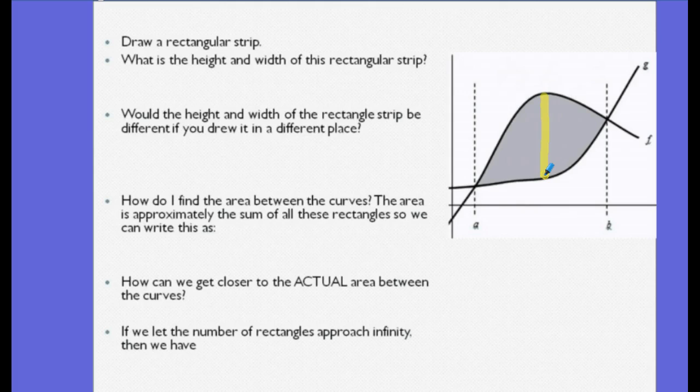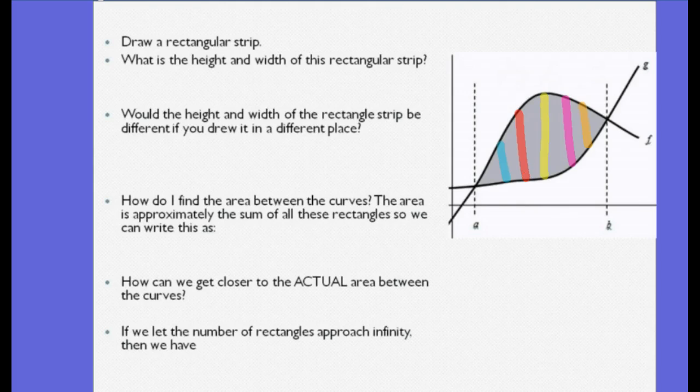So here's an example of one rectangle. You could have your rectangle there. Somebody else might have a rectangle here. So all our rectangles can be in varying locations. What is true of every rectangle I just drew? They're all vertical.